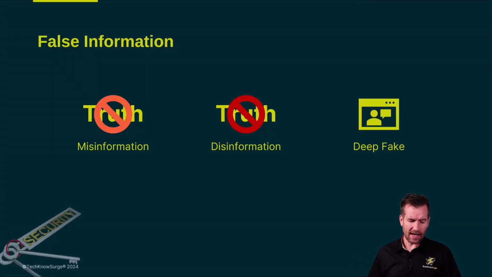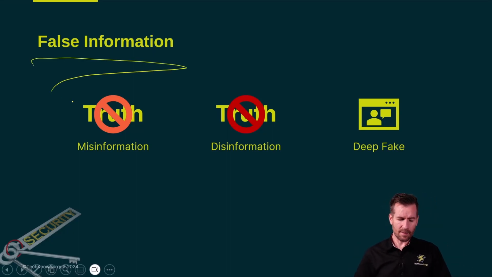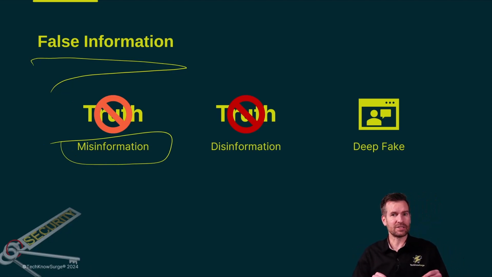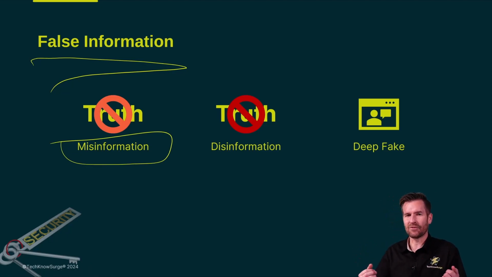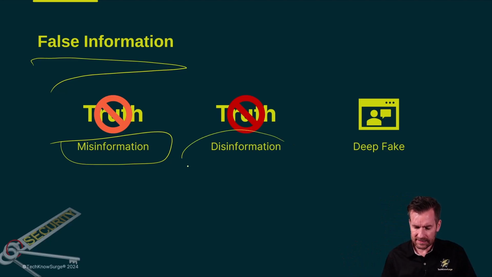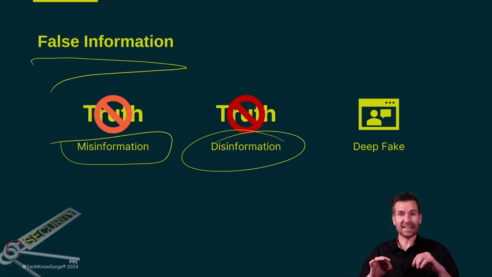Then there's a lot of false information out there on the internet. Some of it's just misinformation, which means that it's wrong information, but whoever created it didn't intend to be wrong. They just were inaccurate in the way they reported things. Then there's disinformation. Disinformation is where somebody has actively put false information out there.